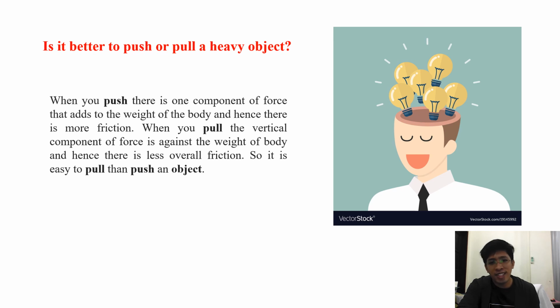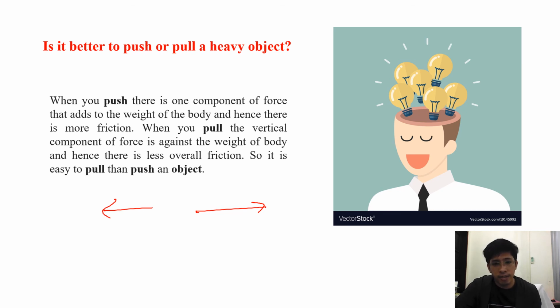But of course, this is only the case when you have your forces projected at some angle. If you're going to push and pull just in the horizontal, just a horizontal push or pull, there is no component that adds or is against the weight of the body.